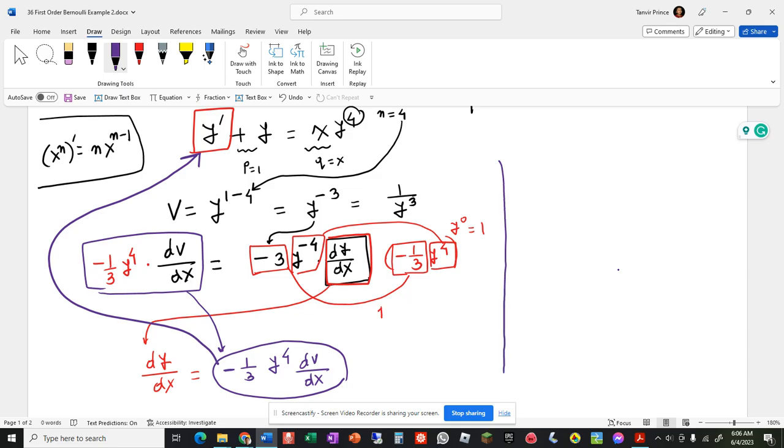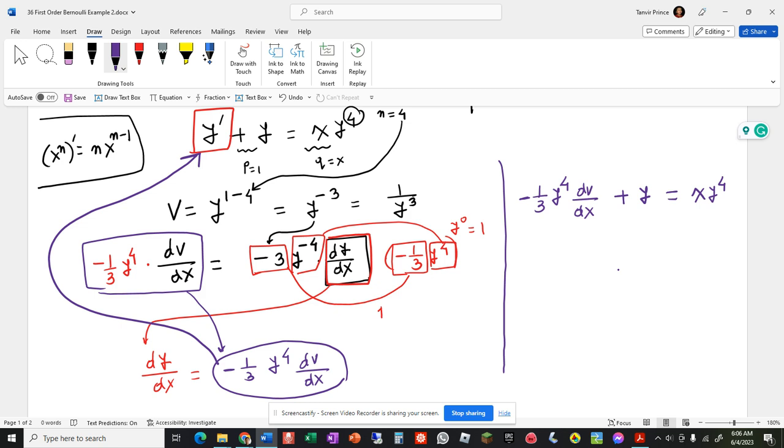If I replace y prime by negative 1/3 y to the power 4 dv dx, plus y, equals x y to the power 4. So all I did was replace y prime by whatever my y prime is.